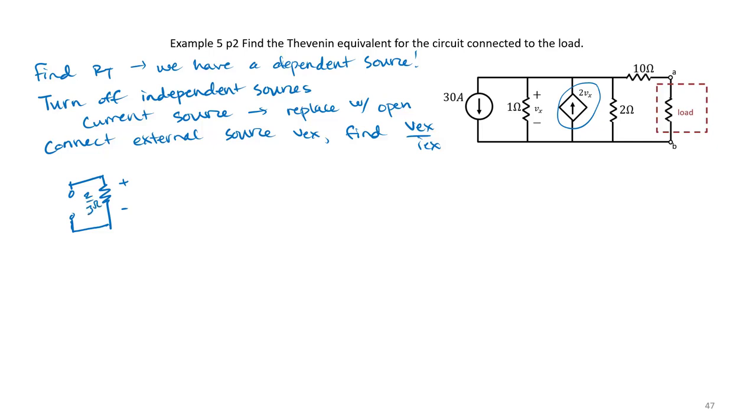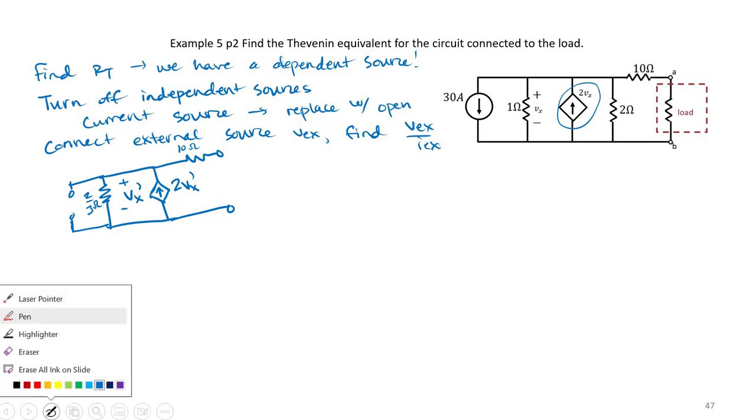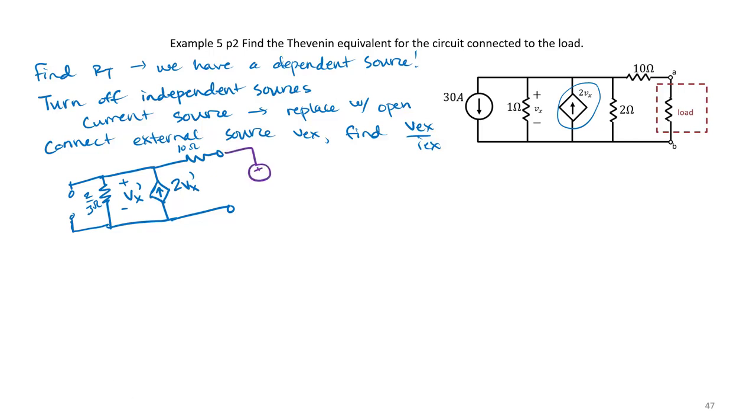And here I'm going to call my voltage Vx prime, because since we turned off our current source, that Vx value will likely be different. We can't assume it's the same as what we had before. Similarly, our dependent current source becomes 2Vx prime, and we do have that 10 ohm resistor in there. And we do connect our external source VEX that supplies current IEX.